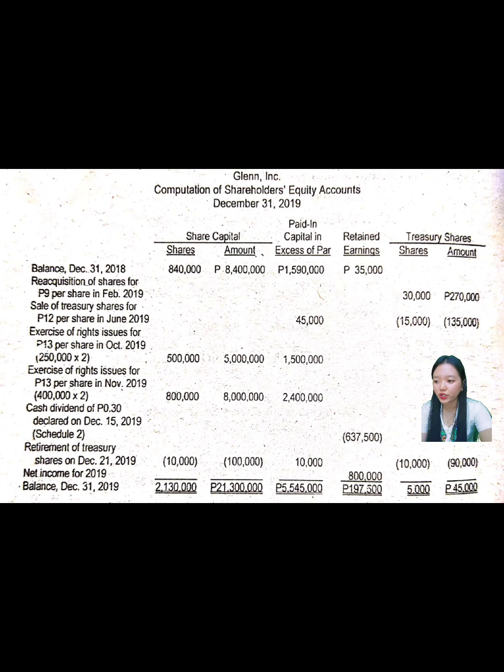So our balance for December 31, 2019: our share capital shares is 2,130,000 and our share capital amount is 21,300,000 pesos, and our paid-in capital in excess of par 5,545,000 pesos, and retained earnings of 197,500 pesos, and treasury shares of 500,000 shares and the treasury shares amount 45,000 pesos.